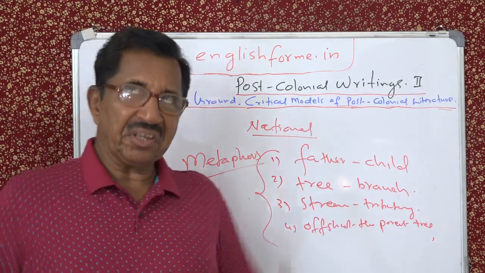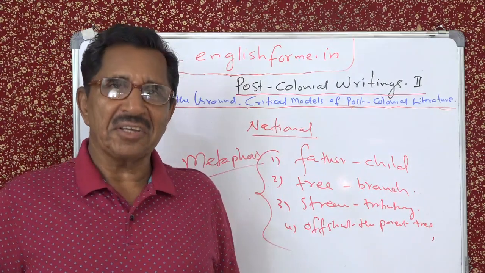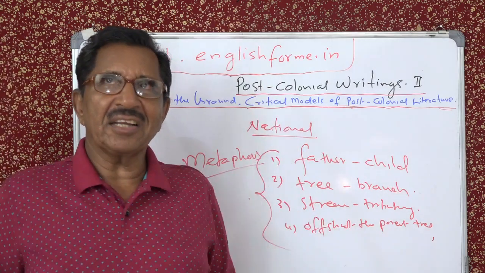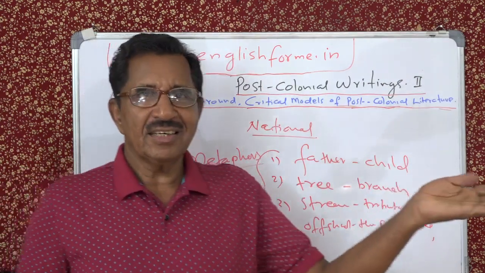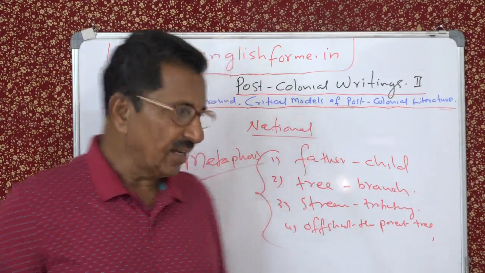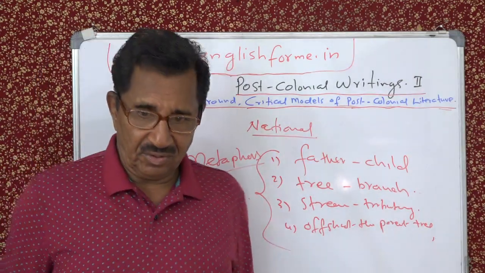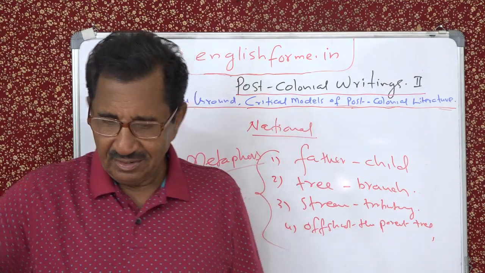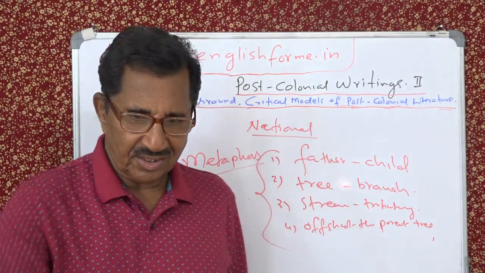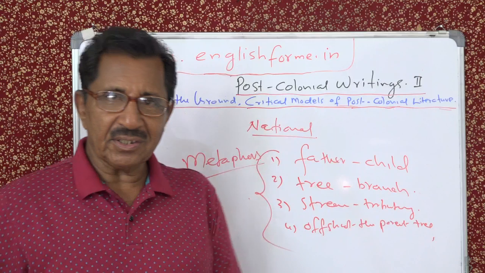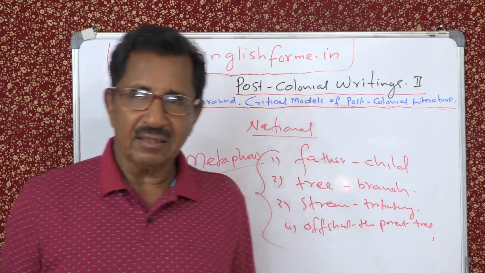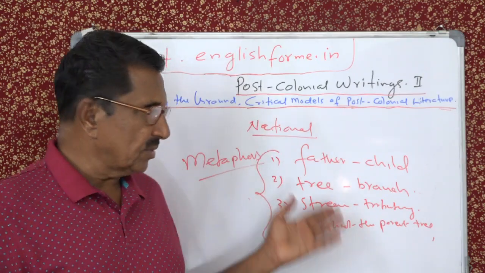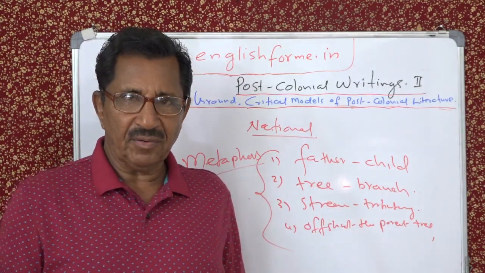Then the tree, a huge tree: the trunk is English literature, and the branch is American literature. Stream and tributary: there is a stream, then some supporting small streams, and one such supporting stream is this. And the offshoot of the parent tree is again almost the same as a branch. So these are the metaphors.